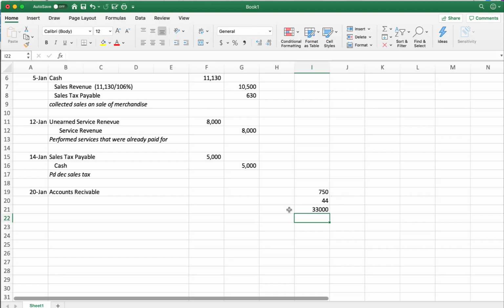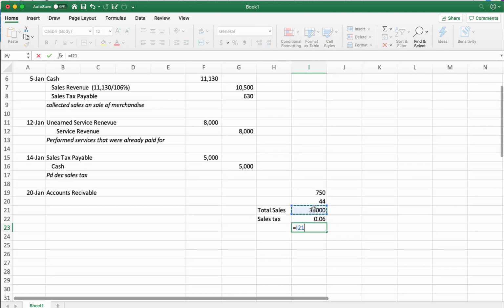So if I take my total sales and I multiply that by my sales tax, and I'm just going to say 0.06 because that's 6%, I get $1,980. Okay, that's my tax payable.